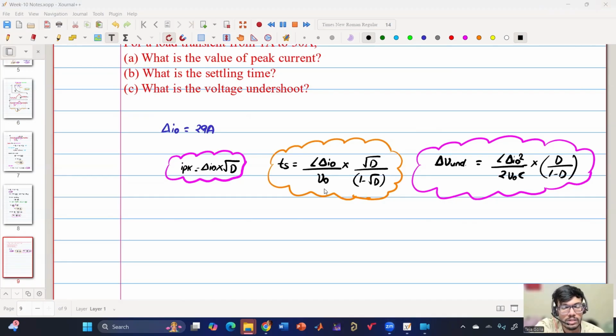Yes, Riddhi is saying I peak is I naught into root D. She's getting 29. Sorry, not 29. How much? L value not seen. Okay, sorry.